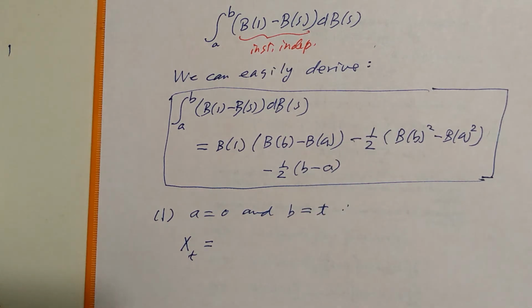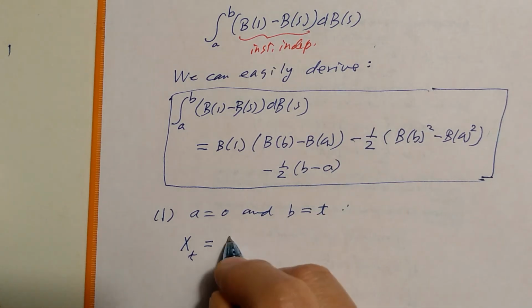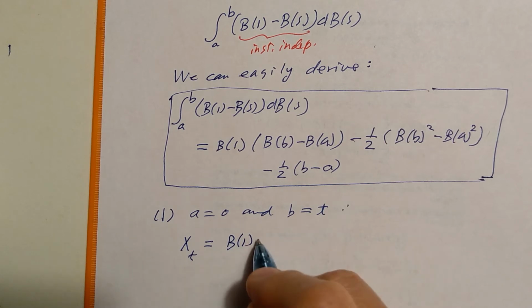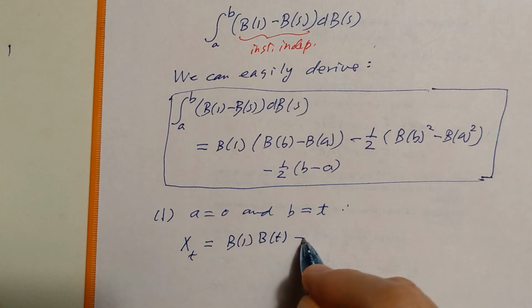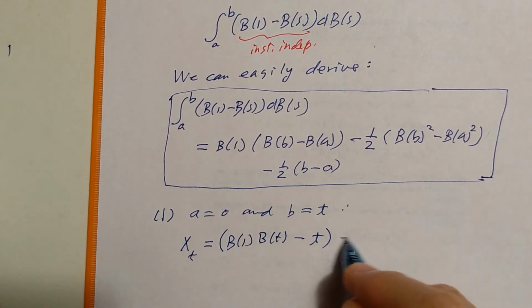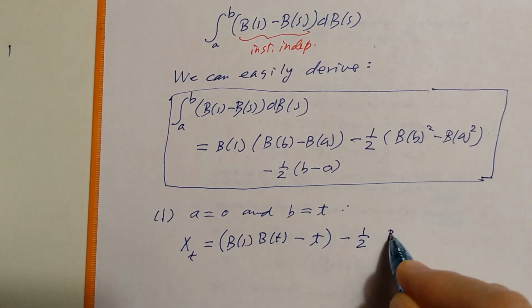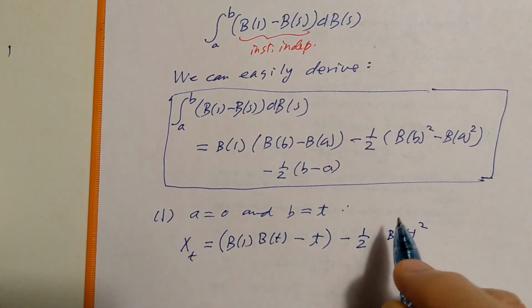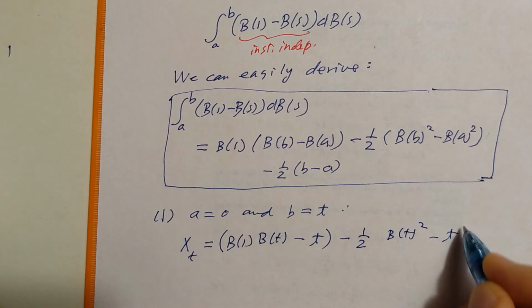And this is what we get: B1 (Bt minus t) minus 1/2 of (Bt squared minus t).